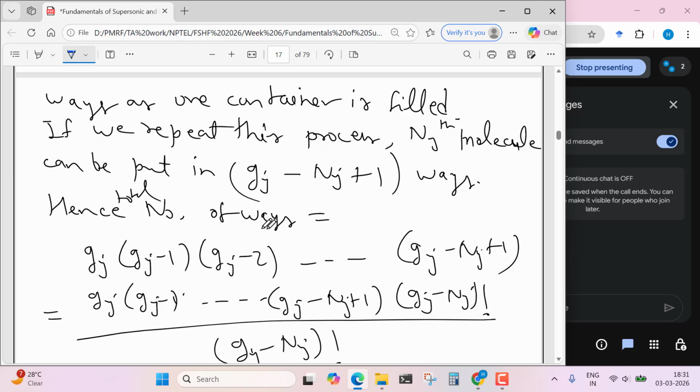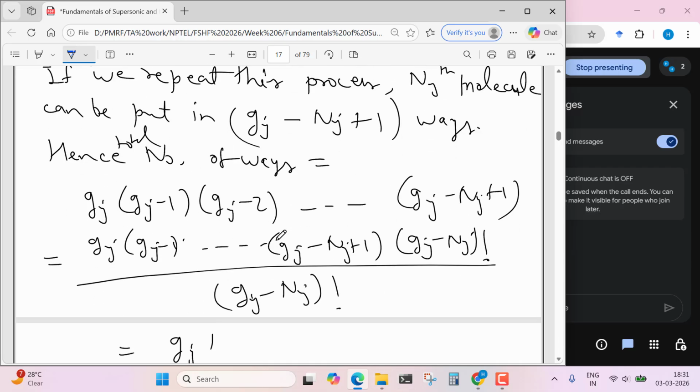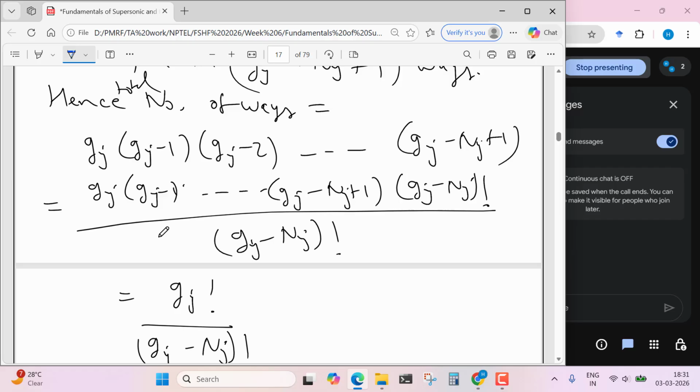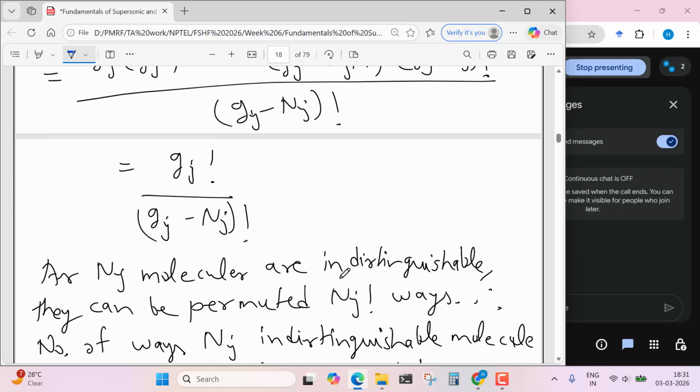Hence, the total number of ways is Gj into Gj minus 1 into Gj minus 2 and so on, up to Gj minus Nj plus 1. If we multiply and divide it by Gj minus Nj factorial, then we will get Gj factorial upon Gj minus Nj factorial.